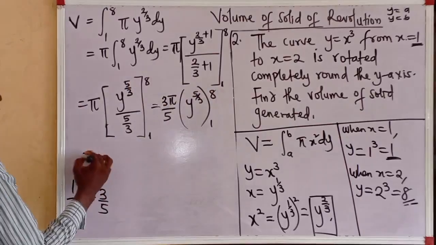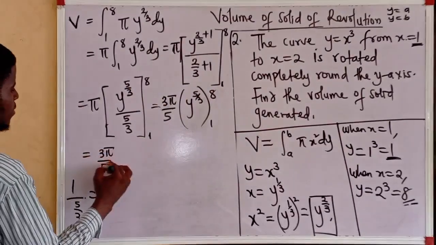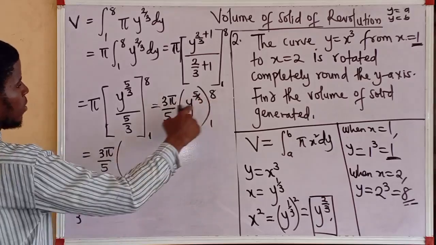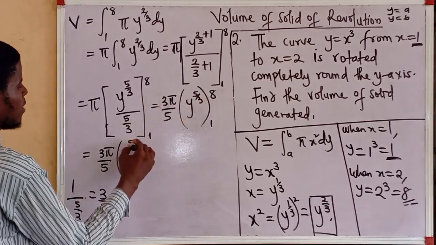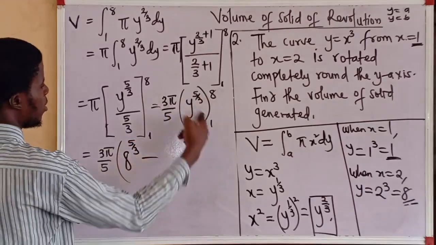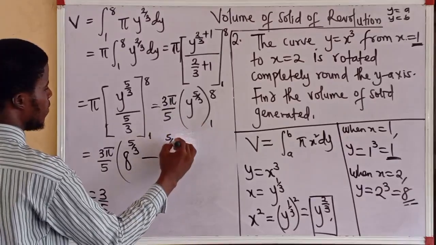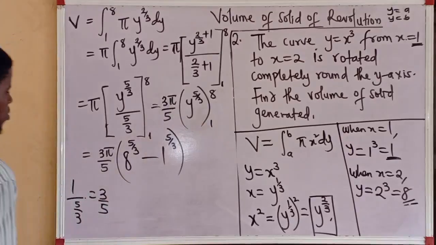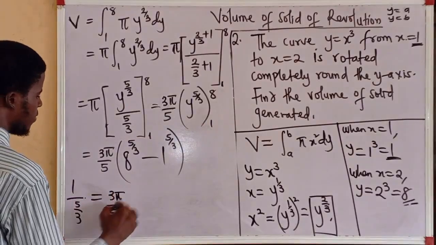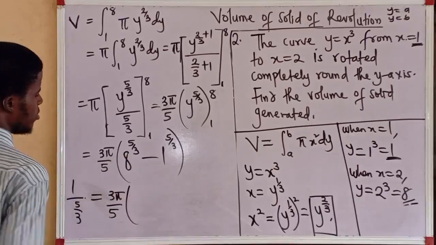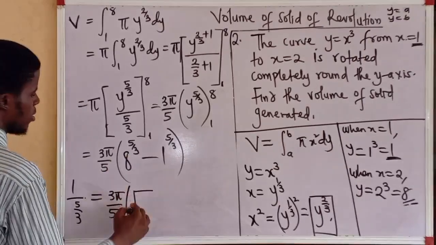So what would this give? 3 pi all over 5. Plug in the upper limit first. That's 8 to the power of 5 over 3. Plug in the lower limit. That's 1 to the power of 5 over 3. So what would this produce? 3 pi all over 5. This is in root form.